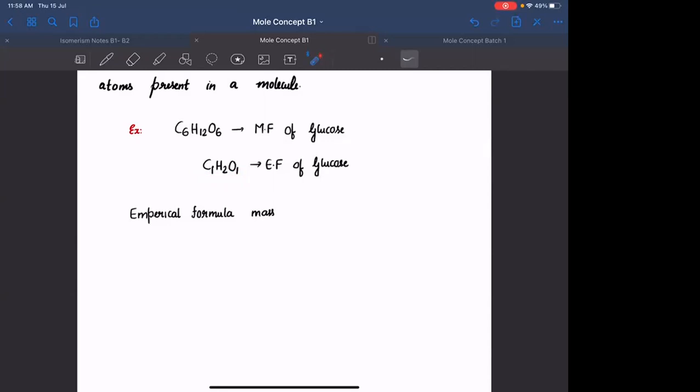You can also define molecular formula mass. Molecular formula mass means for this particular molecule, the molecular formula, if I find the mass of it, that will become the molecular formula mass.